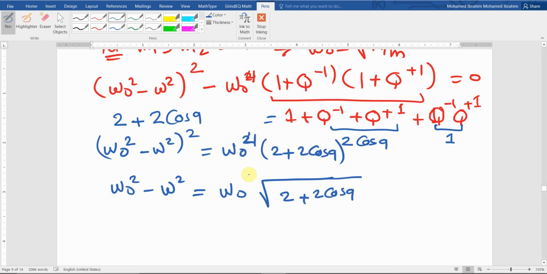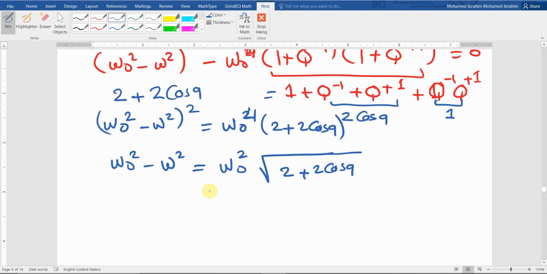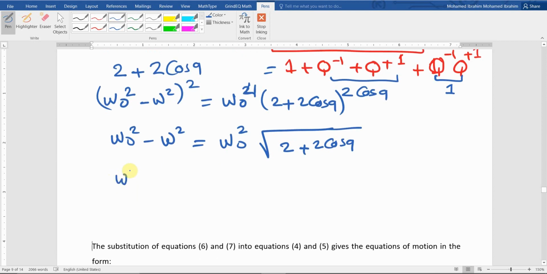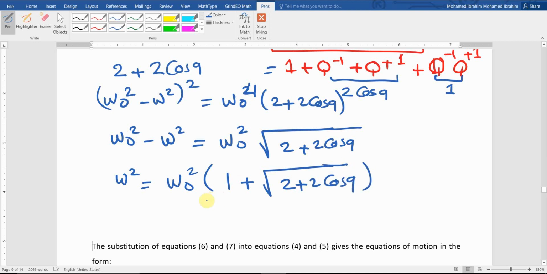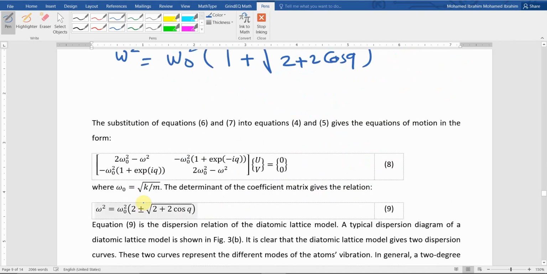So if we take the square root, again, this gives us omega 0 square. Then we move this term and this term to the other side to end up with omega square equals omega 0 square as a common factor, 1 plus the square root of 2 plus 2 cosine q, which should give us the same equation that we derived down here, right?